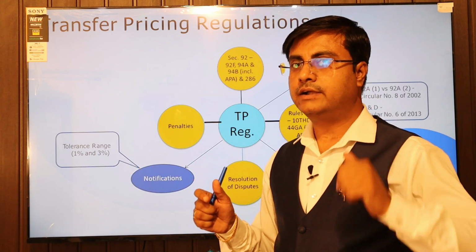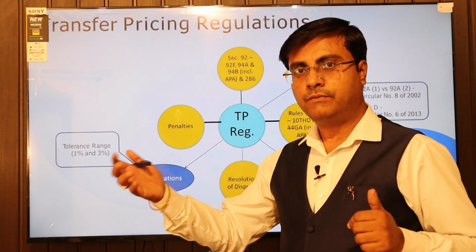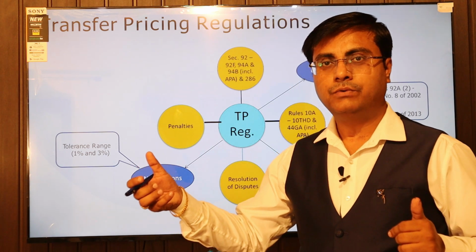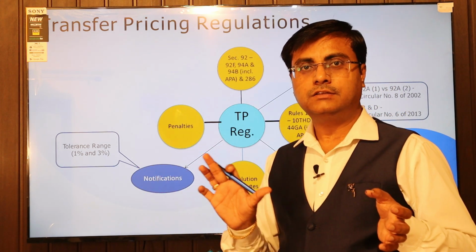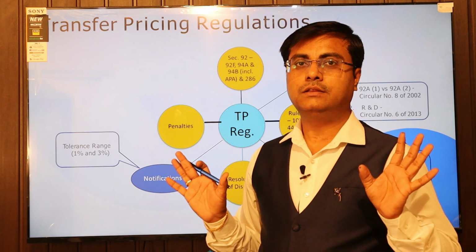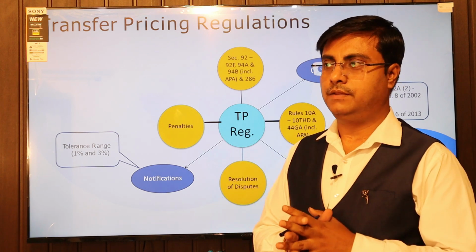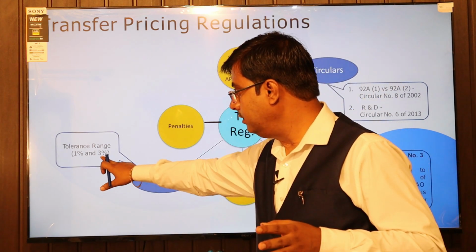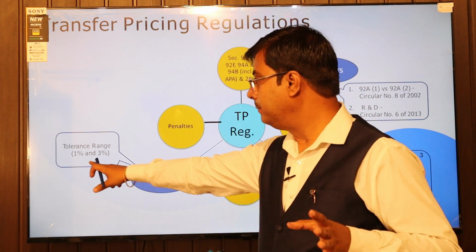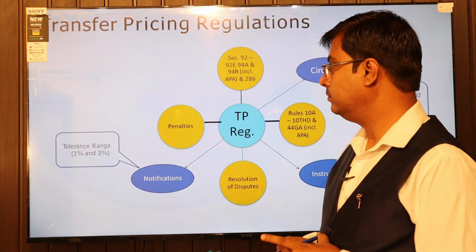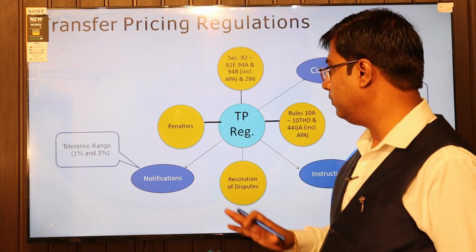Suppose your transaction is 100, but as per our comparable companies, our ALP is 103. So your transaction is within 3%, then you are in the tolerance range. This transaction is within the arm's length principle. It is 3% in respect of retail, and 1% for wholesale traders. So this is the tolerance limit. Within that, there is no need for any adjustment.